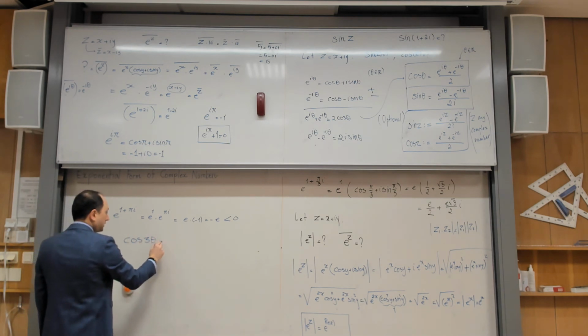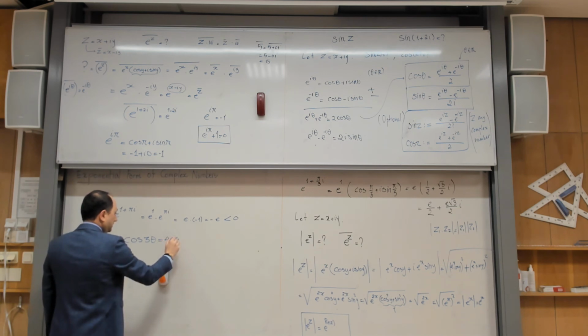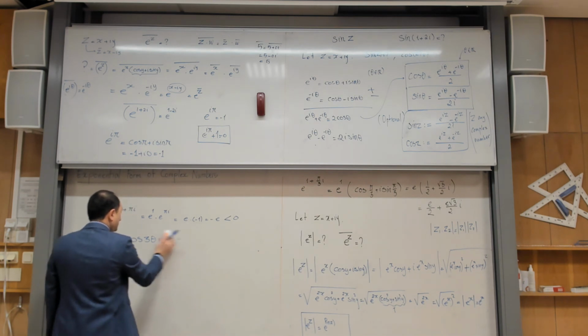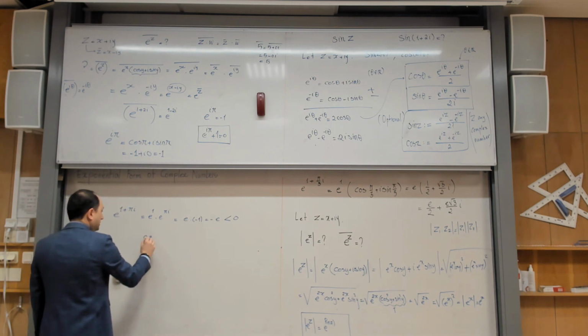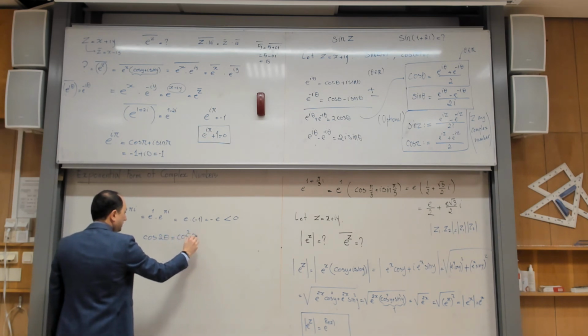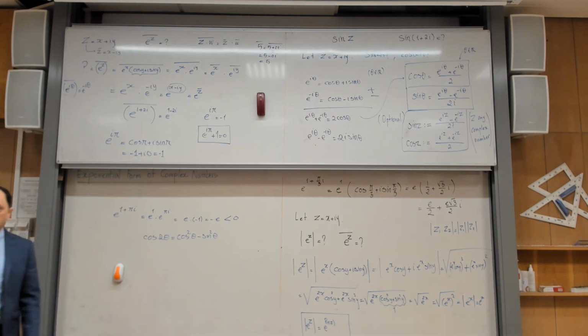Okay, let me write this. Cosine 2 theta is equal to cosine squared theta minus sine squared theta. Yes, this is a famous double angle formula for cosine.